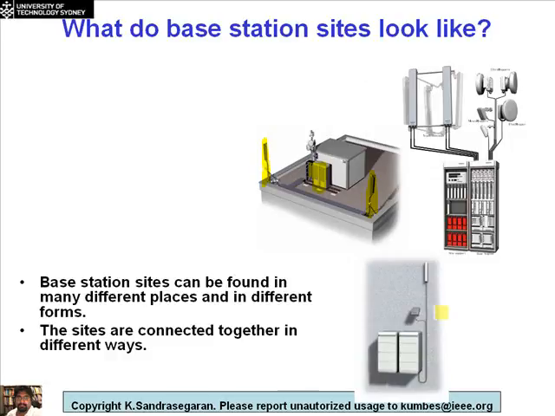Another possibility is on the side of a building. These Node Bs are usually used for very small cells, because you're trying to keep your antenna as low as possible so that you can create maybe a picocell with it, whereas these ones here are usually at the top of a building, so you're trying to create a larger cell with these kind of antennas.